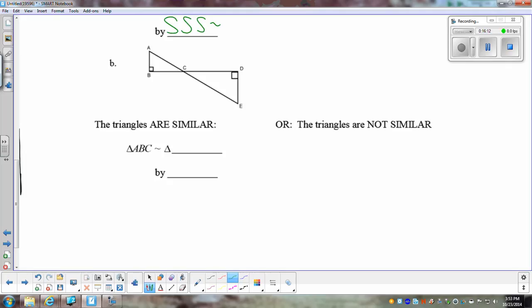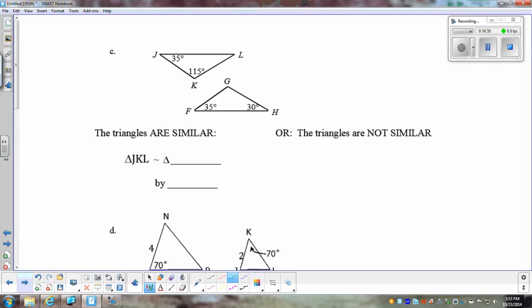Next one. I know that angle B is congruent to angle D, and I have some verticals here. So these two are similar by angle-angle similarity, and ABC is similar to EDC. Next page. All right, to figure out my last angle, 115 plus 35 is 150.